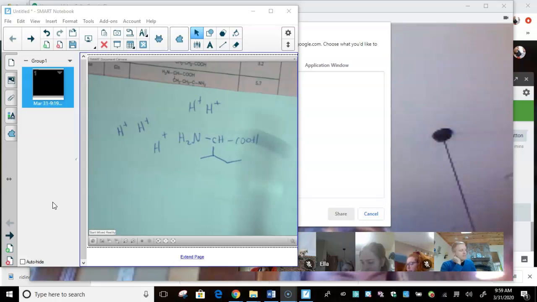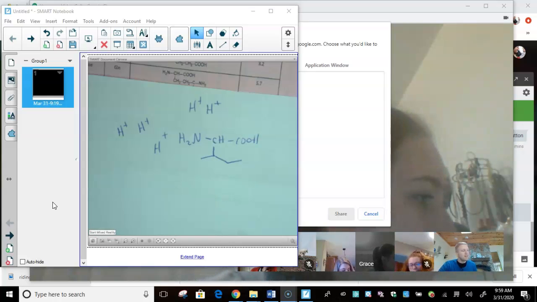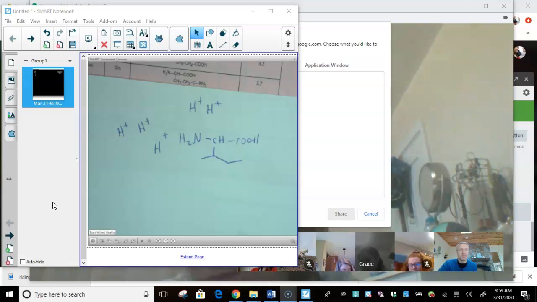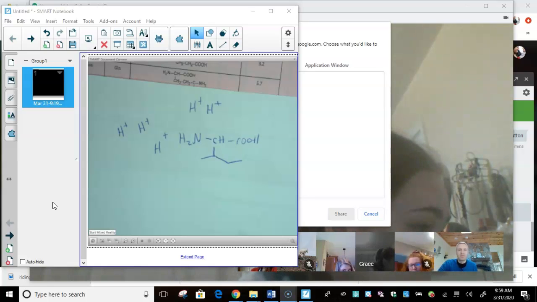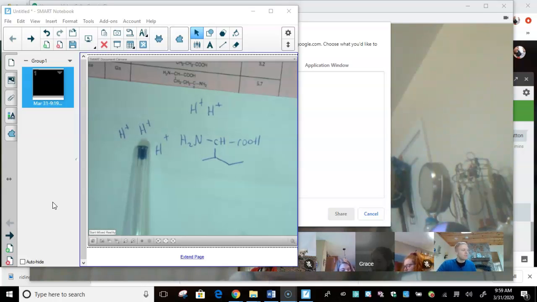So we got tons of H pluses. What's going to happen? Is this amino acid going to gain H's, or is it going to want to give away H's if we're thinking about equilibrium? Give away? Well, where is the concentration highest for H plus? In the environment or in the amino acid?